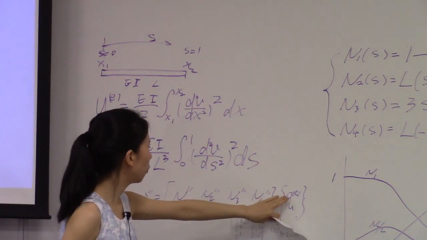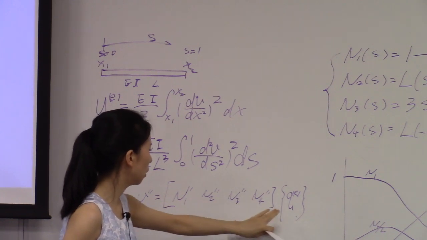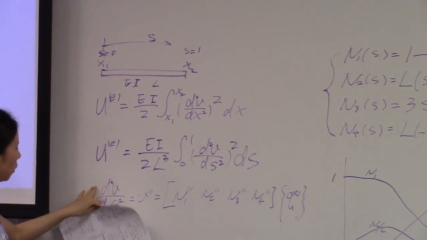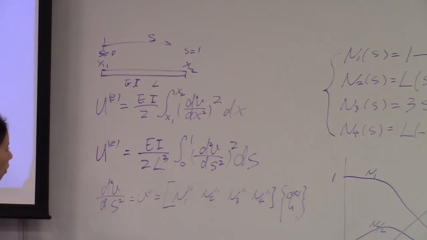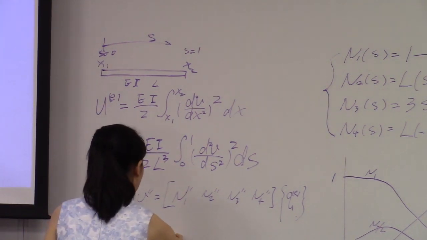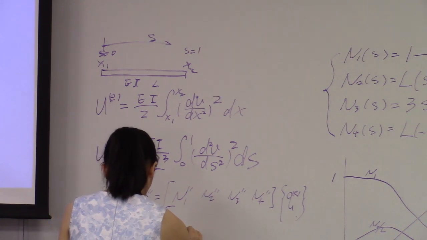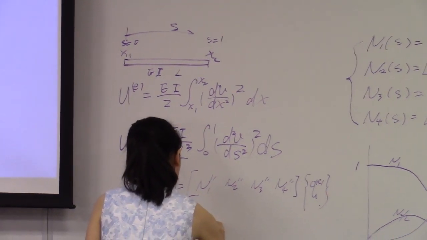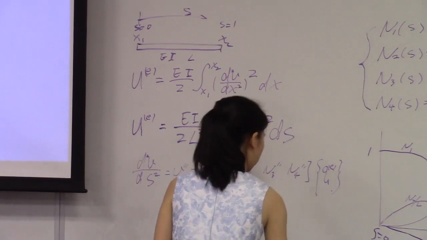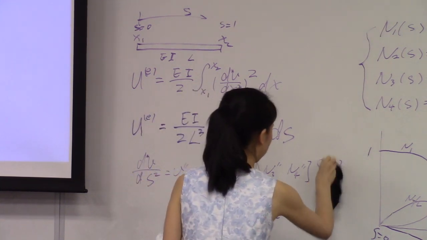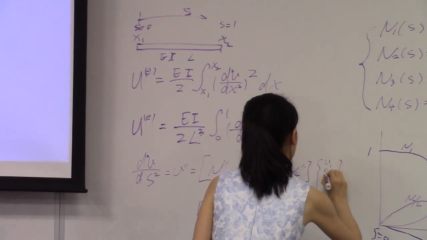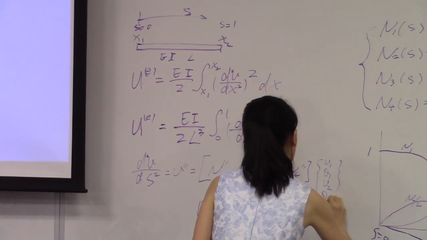N1 with v1, N2 with theta 1, N3 with v2, N4 with theta 2. So this is the second derivative d²v/ds². Also, this can be written as the vector v1, theta 1, v2, theta 2. To make this less confusing, I will change this to v1, theta 1, v2, theta 2.